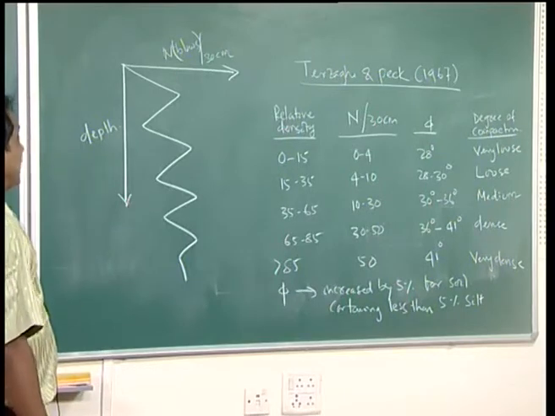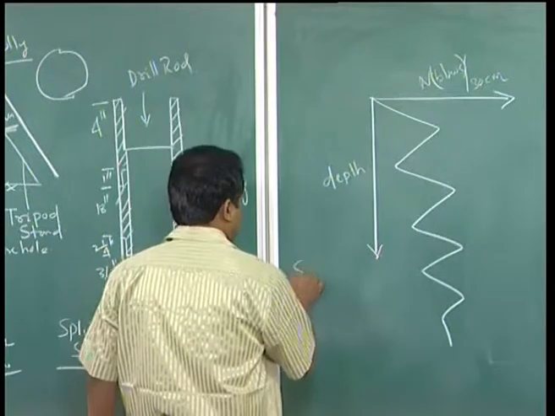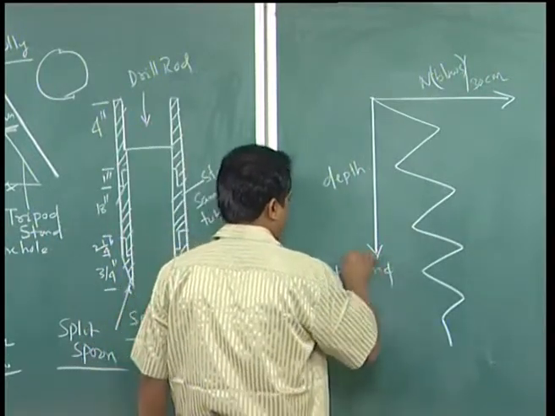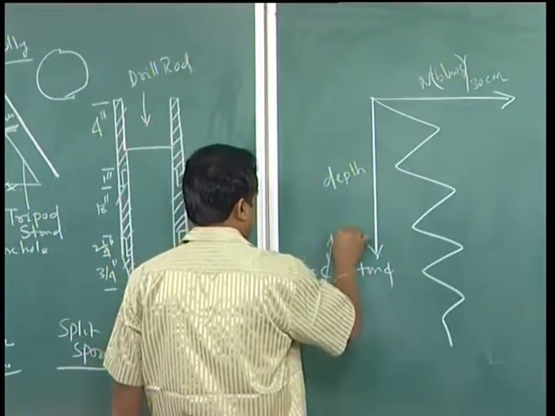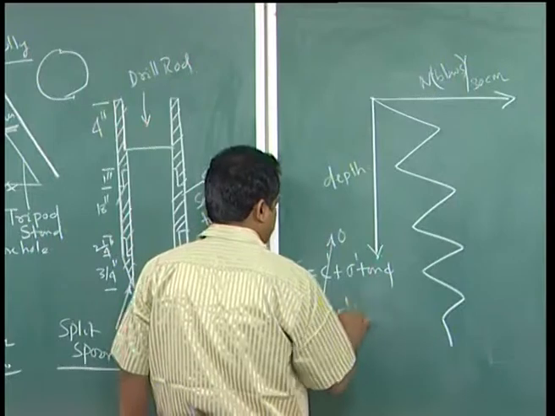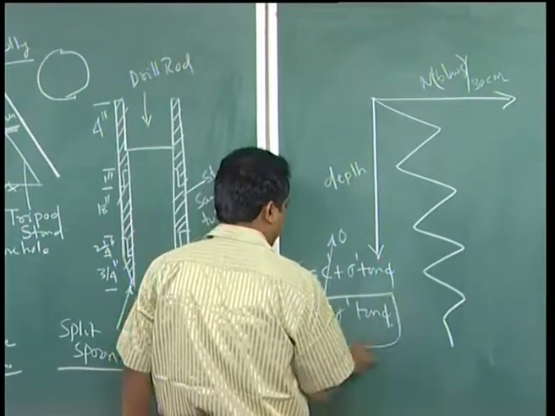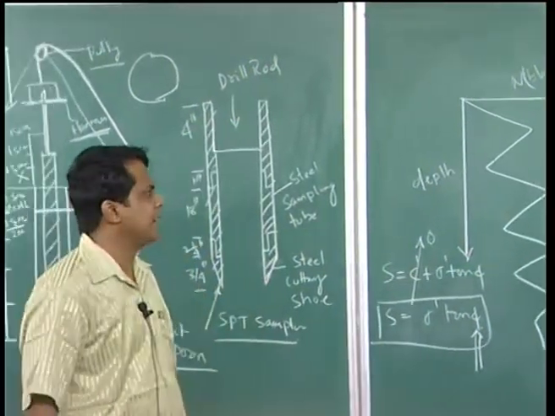What is the design parameter for granular soil? Shear strength is equal to C plus sigma tan phi. For granular soil or sand, C is 0, so it will be sigma prime tan phi. So the design parameter is phi, the angle of internal friction.